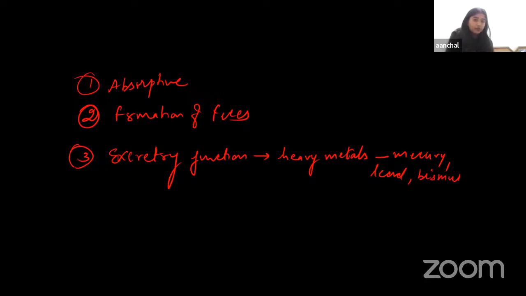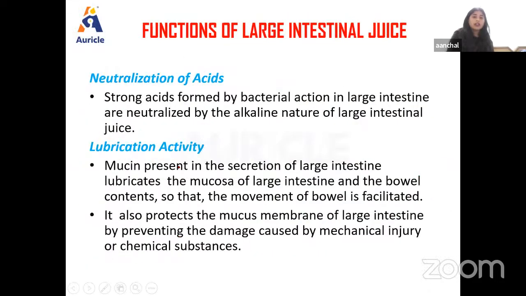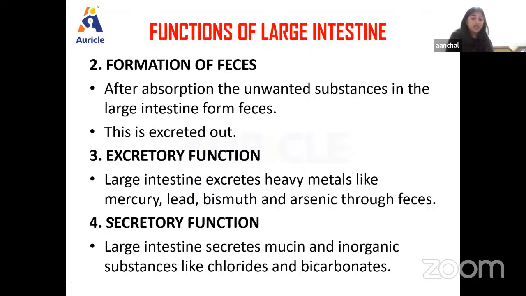The excretory function we have already discussed. The fourth function is the secretory function. The large intestine secretes mucin, along with substances like chlorides and bicarbonates. These substances also help in the motility of the food.